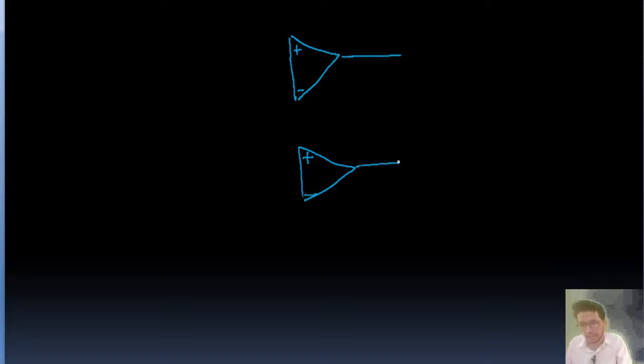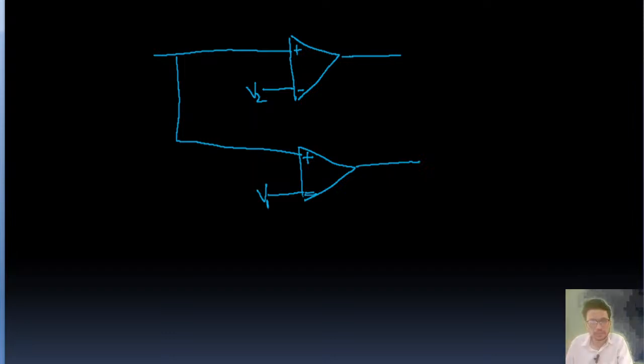Okay, so the diagram is given. This is plus, this is minus, this is plus, this is minus, and there is a voltage which is given V2, and there is a voltage which is given, this is minus, V1.